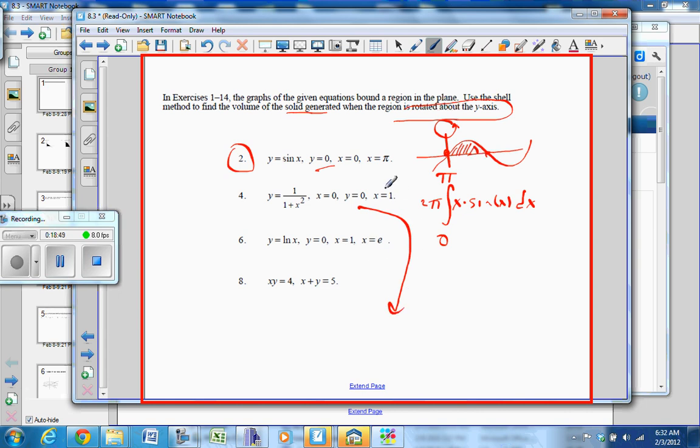What about this one? Well, we've got 1 over 1 plus x squared. What does that graph even look like? Well, if you think about it, when x equals 0, y equals 1, and the bigger x gets, the smaller y gets.